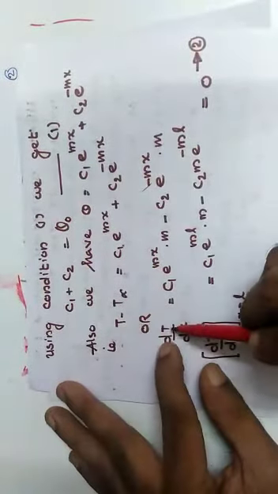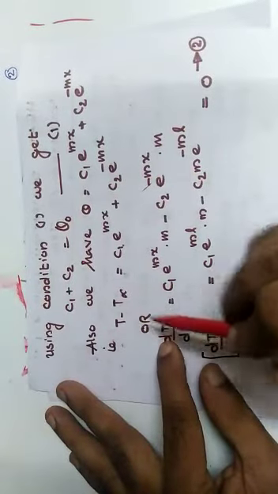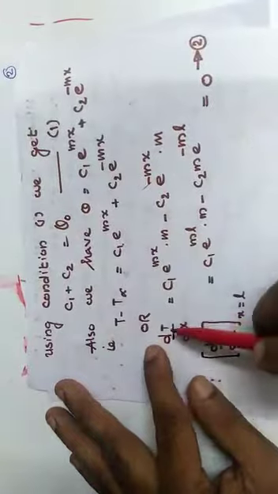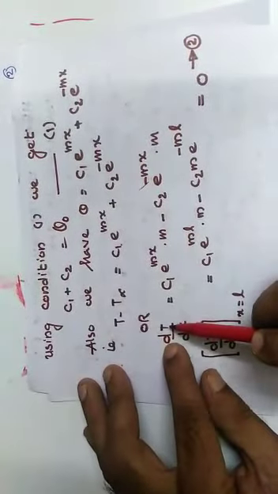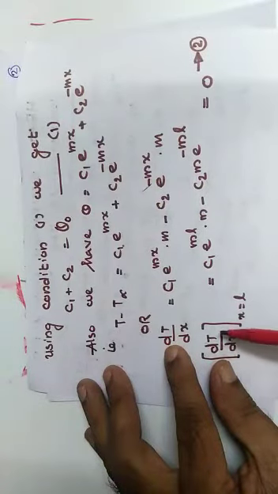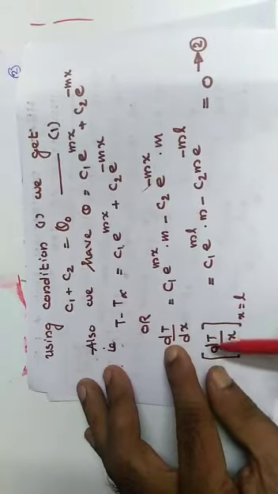Now differentiate this expression to get dT by dx. Since it is an insulated tip problem, dT by dx at x equal to L is 0. At the end of the fin, the rate of change of temperature equal to 0.